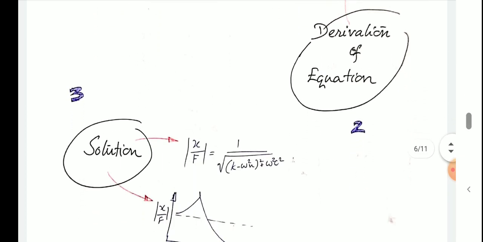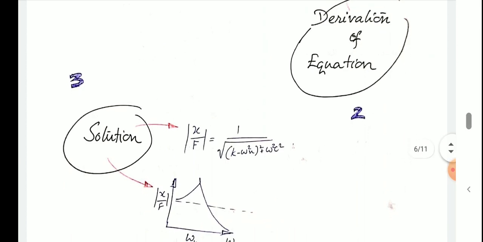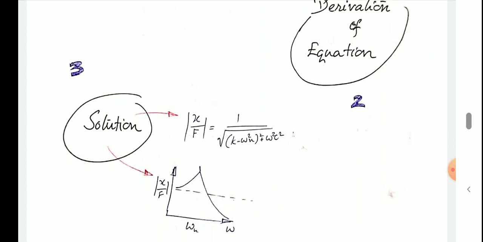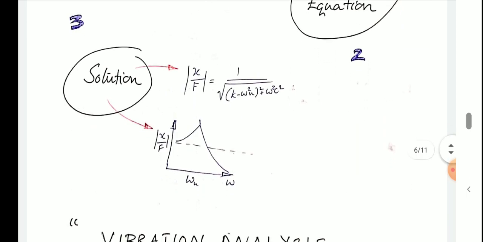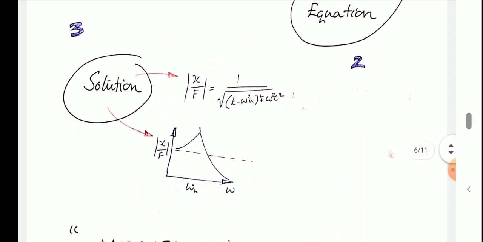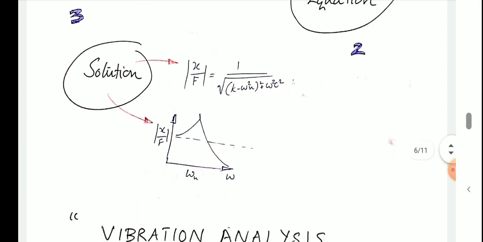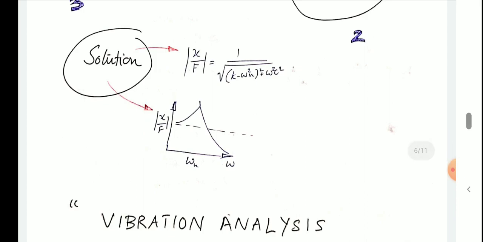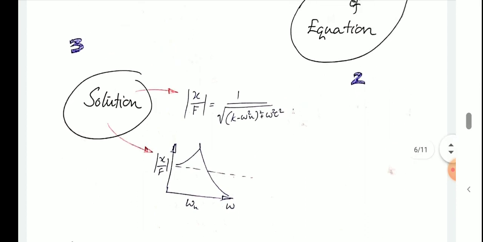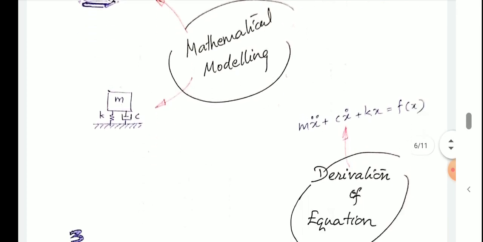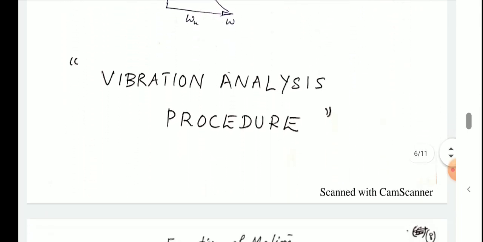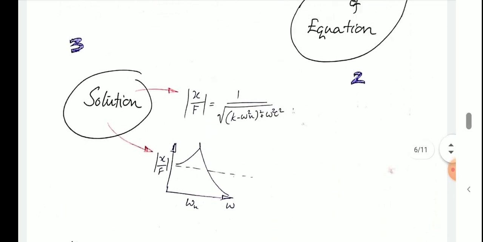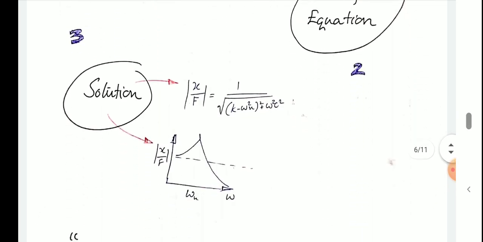And after derivation of the governing equation, we have to solve that equation using different methods. Most probably we'll go with differential equation methods. And we can interpret the results numerically, as well as plot different graphs and get different results. That is the solution part of the analysis. So when we cover these 3 stages in an orderly manner, what we are doing is nothing but analyzing a vibrating real-time system. This is the vibration analysis procedure which I have represented here.